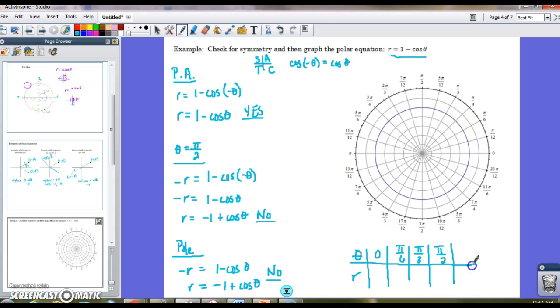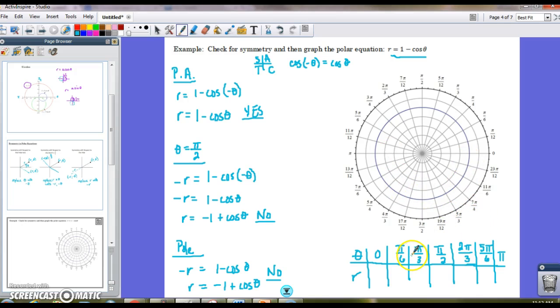I'm doing these because it gives me an exact value. Okay, 2 pi over 3, 5 pi over 6, and pi. Now, notice I'm only doing values from 0 to pi. I have symmetry with respect to the polar axis, so I don't need to do the other side because I'm going to be able to get the points on the bottom here.